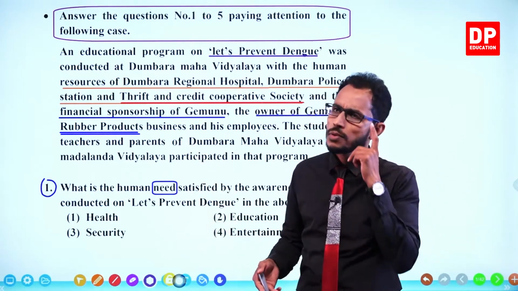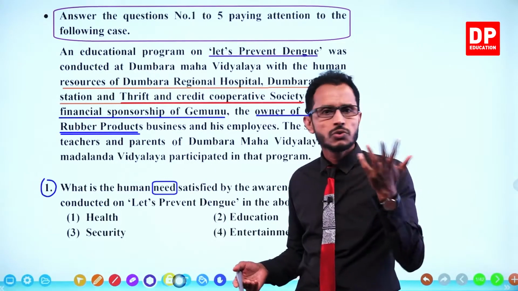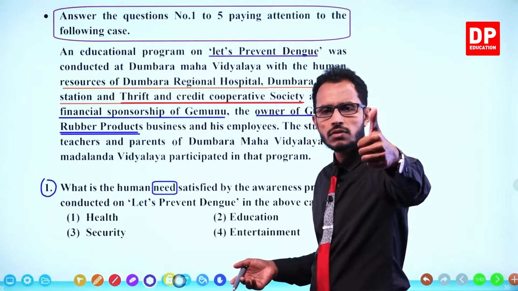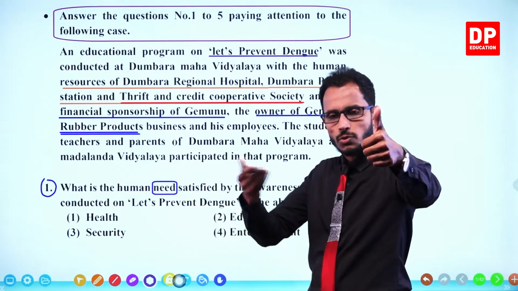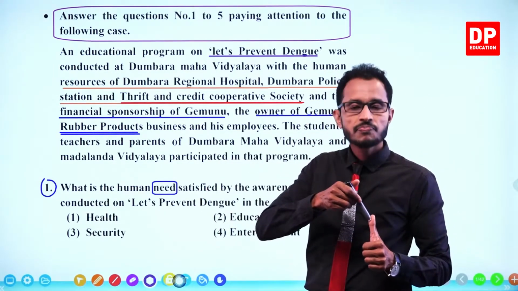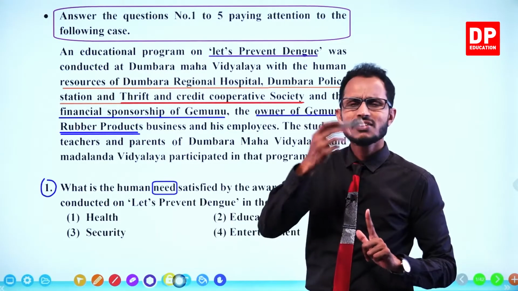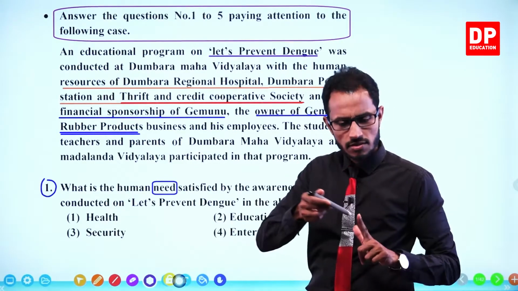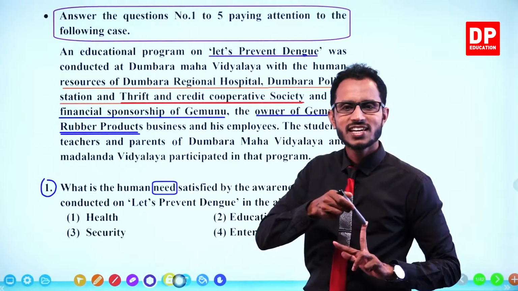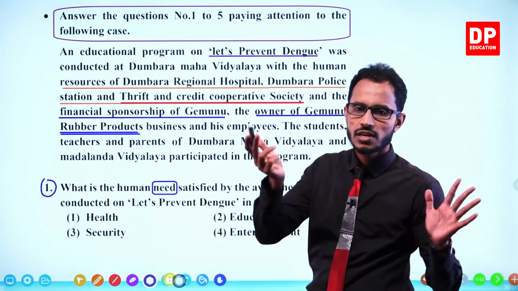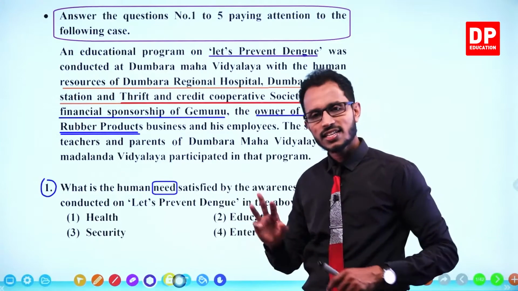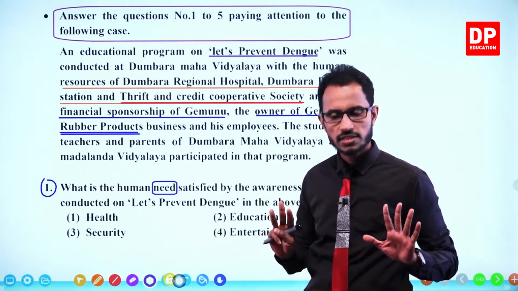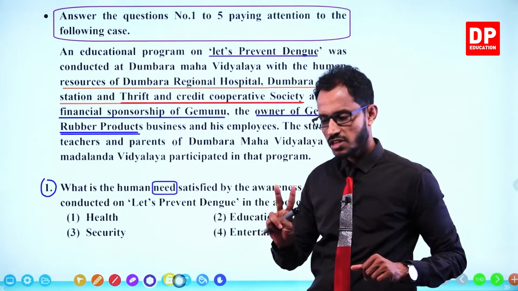Food and water both. Water is included in food, you can't say water again. Food, clothing, shelter, health and education. The 5 basic needs. There are 3 other needs, altogether 8: transportation, communication, entertainment.